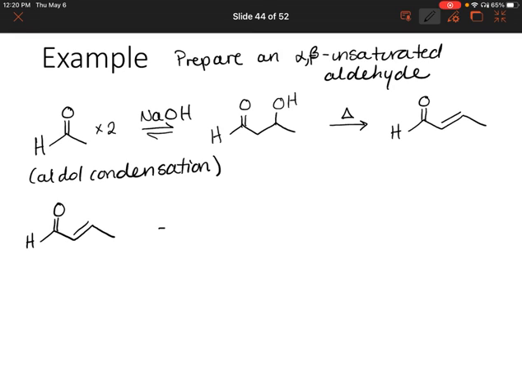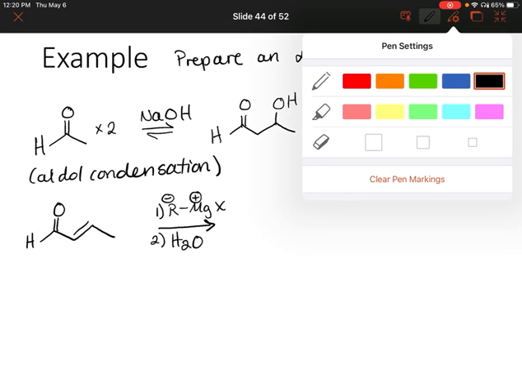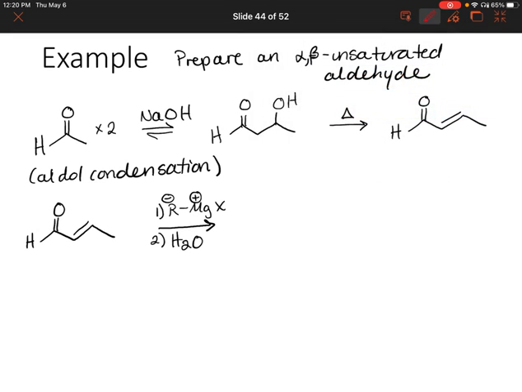Okay, so the first reagent we'll use is a Grignard reagent. Remember, this is our strong nucleophile, so it's also unstable. That means that it's going to attack carbon 2.